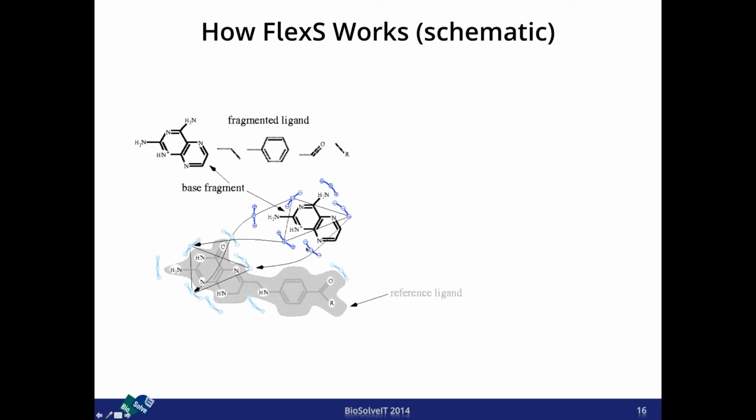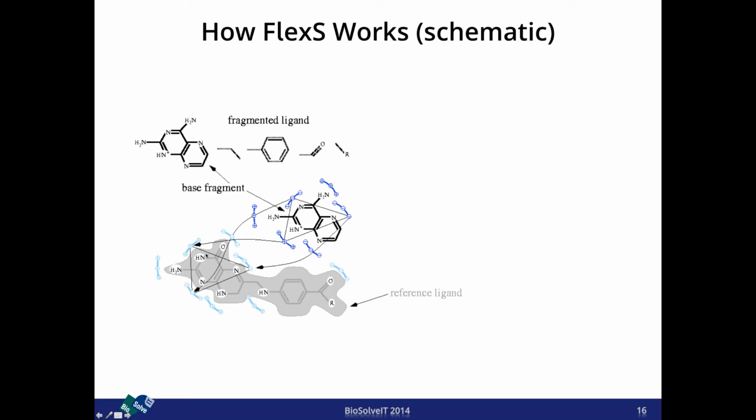Then all these fragments have certain interaction umbrellas here depicted in blue by plus, plus, plus, or minus, minus, minus for acceptor and donor functionalities. And then we form certain triangles of these and try to match the triangles of the molecules to superimpose onto triangles of a template molecule down here, which is depicted in light blue.